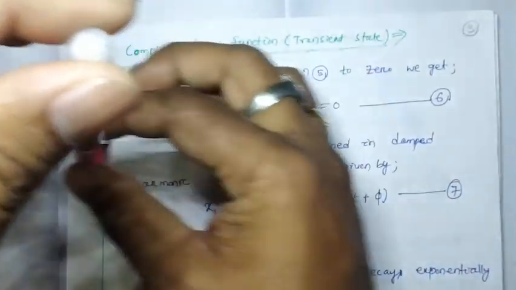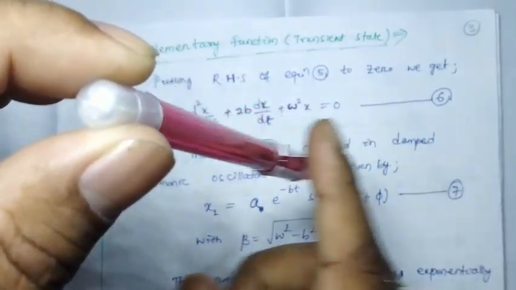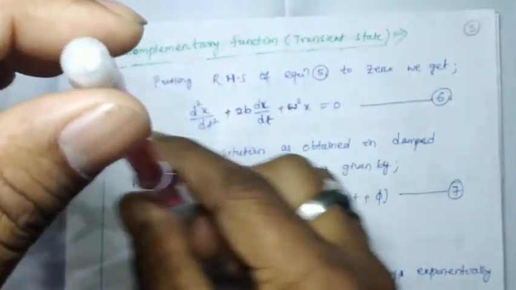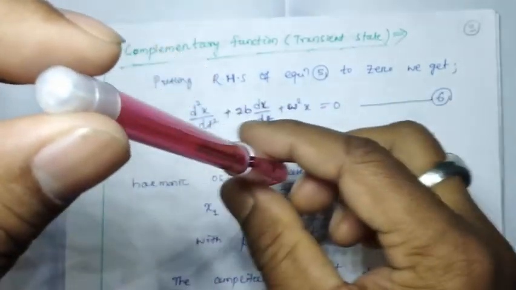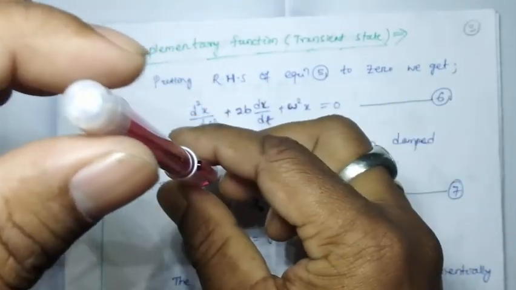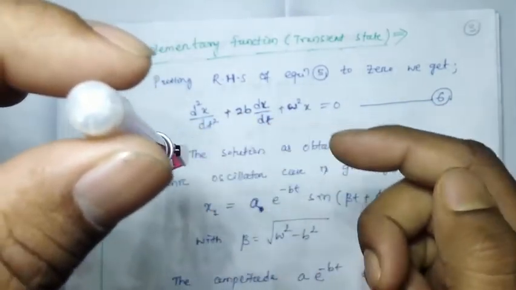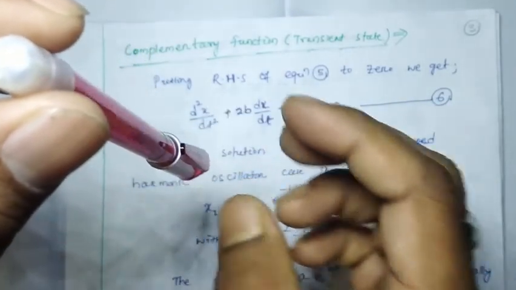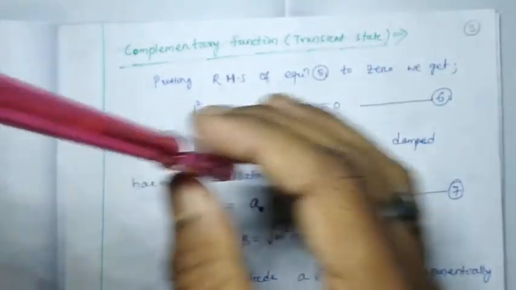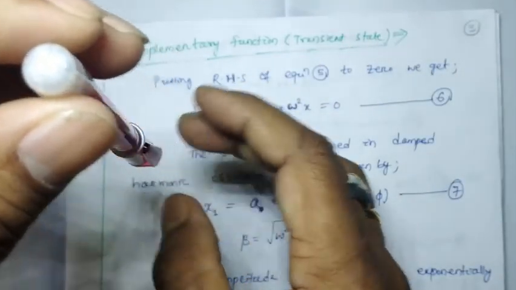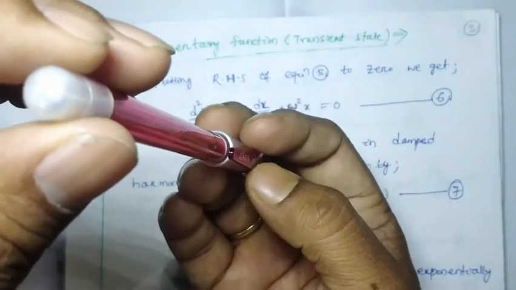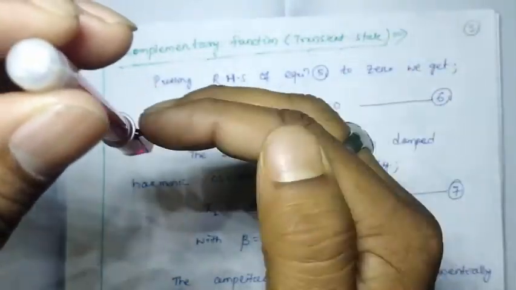If there is no force, its amplitude goes on decreasing and it comes to rest. But if I apply a force at the meantime, the amplitude is decreasing due to the resistive nature, and at the same time this oscillator acquires the frequency of the outside force.